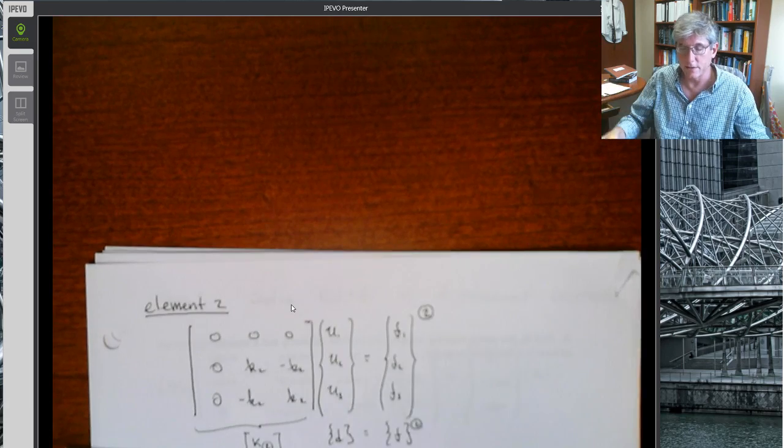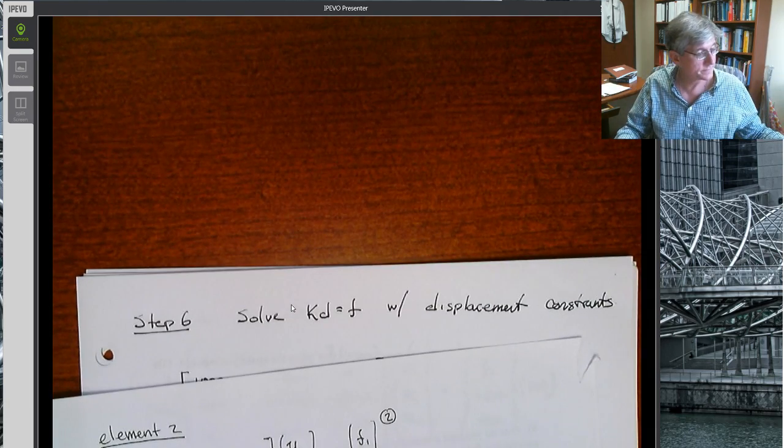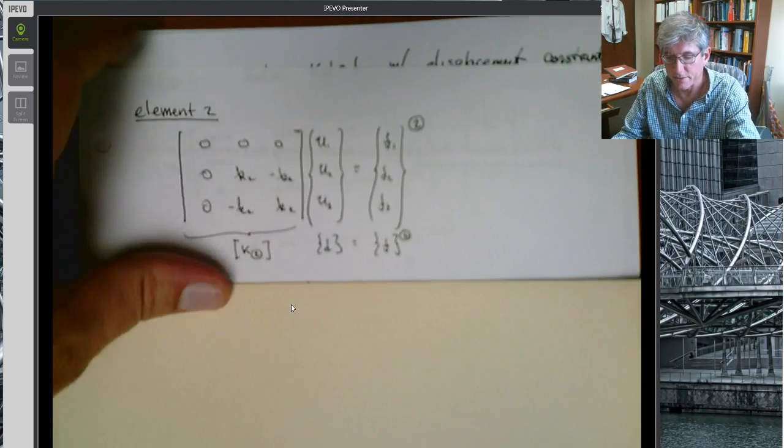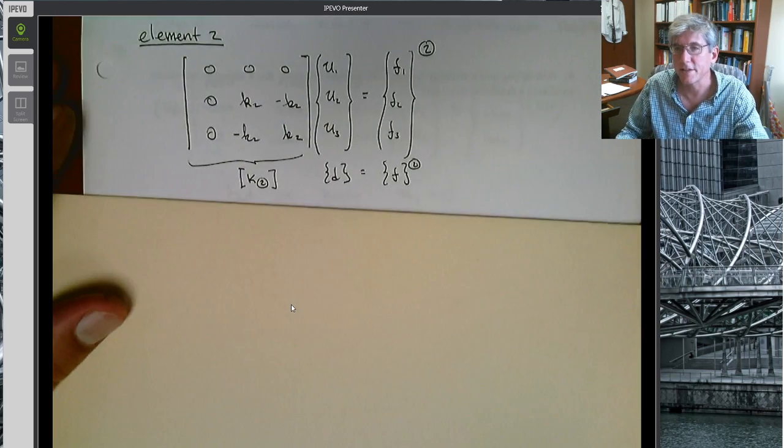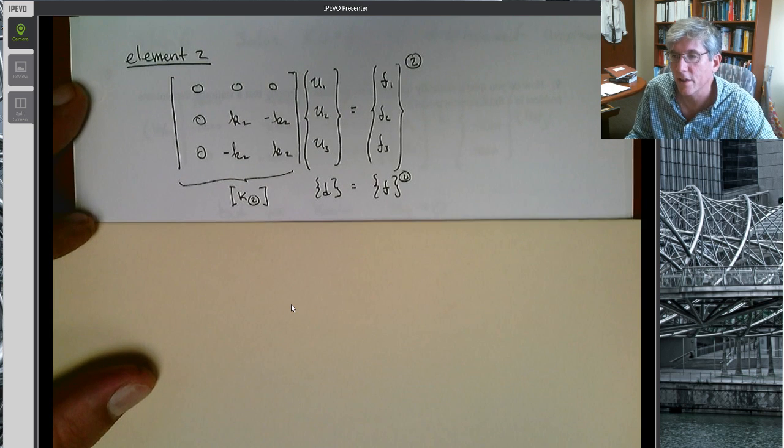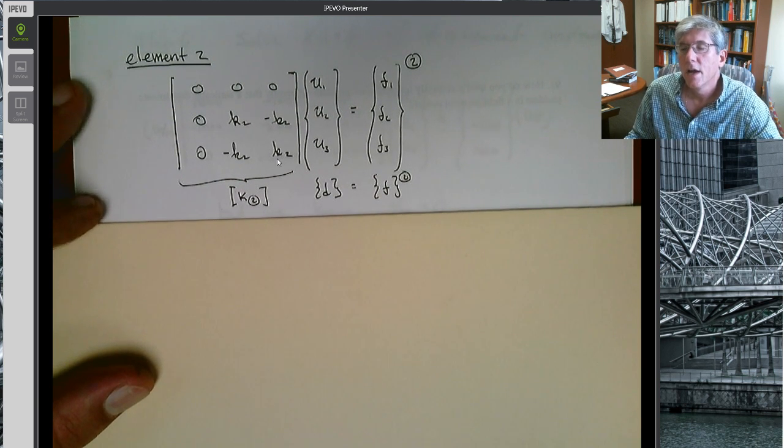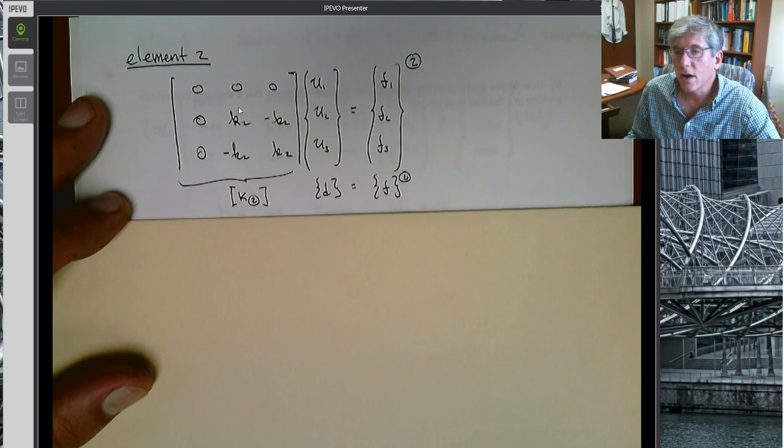So here is our second element. And every time I go through this, I always think the other way is better. But like I said, I'll do direct sum of forces in another video. You'll see how that works. Again, here is our expanded stiffness matrix for the second element. You can see it just relates the displacements of nodes 2 and 3 to the forces at nodes 2 and 3.